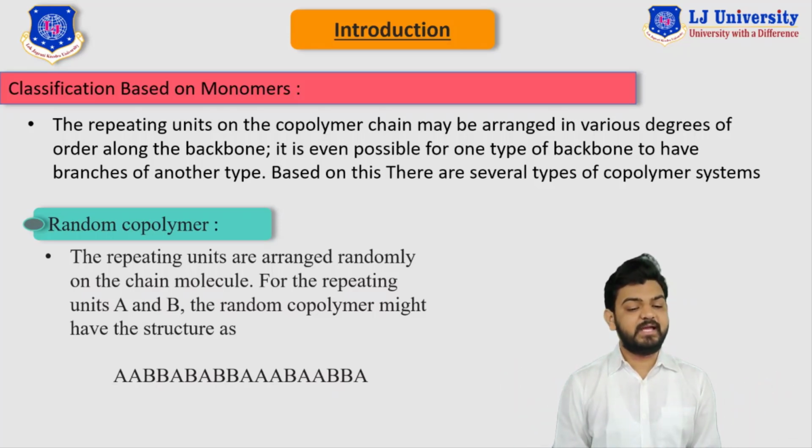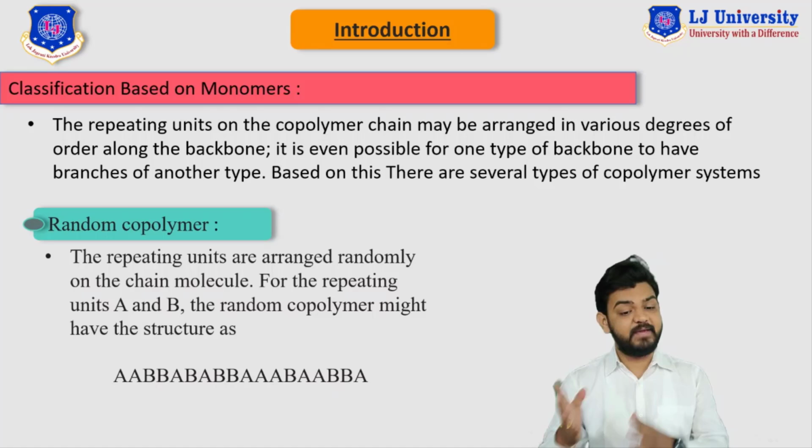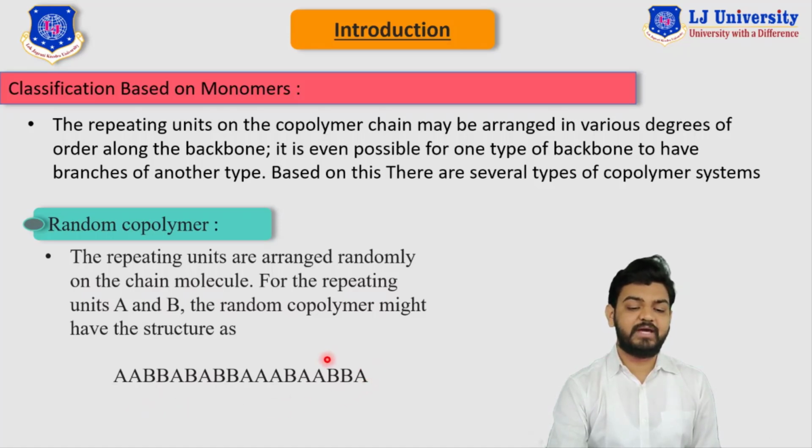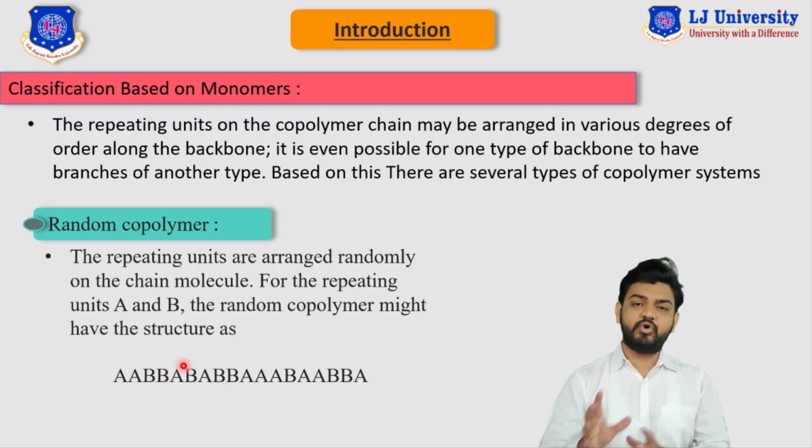For repeating units A and B, the random copolymer might have a structure like this. Here you can see that this structure has the two monomers A and B, both arranged in a completely random manner, where you can see AA, BB, then alternating. So we can say that this is the complete random copolymer.